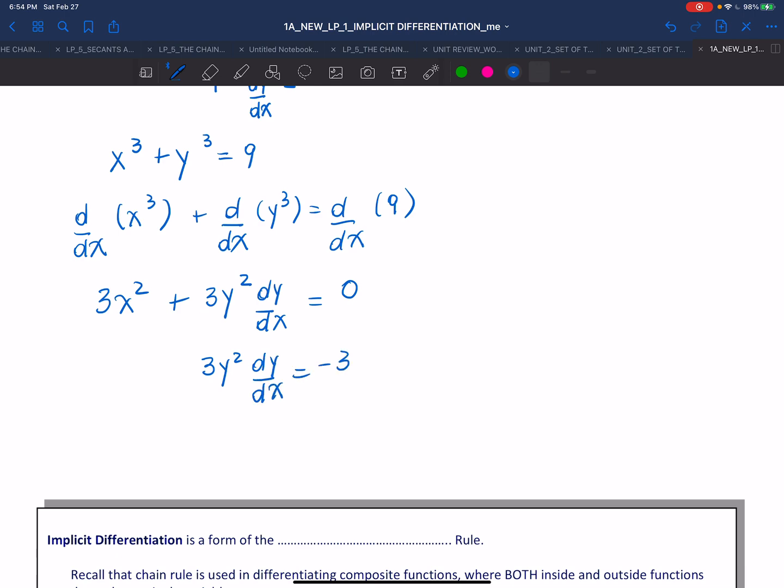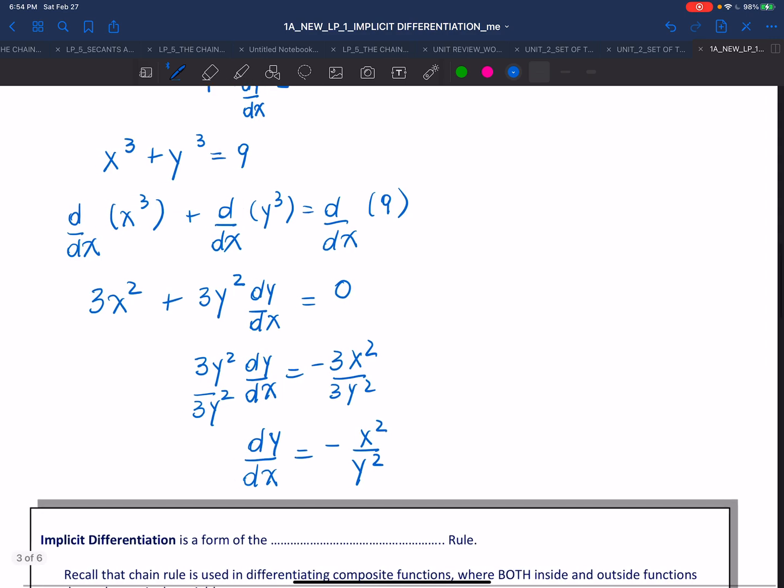equals negative 3x squared. Divide both sides by the coefficient of dy/dx, and we obtain as a derivative negative x squared divided by y squared.